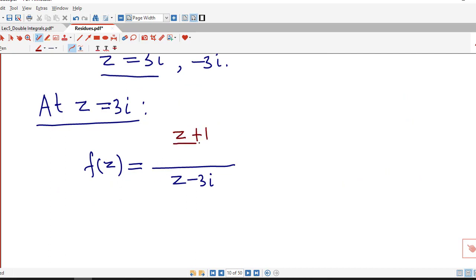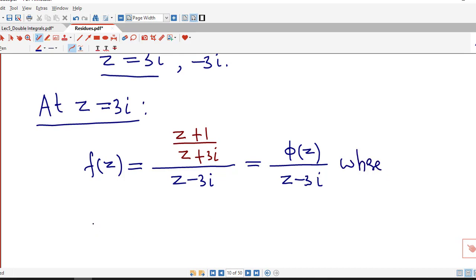So here we keep z minus 3i as it is, and here we write phi of z, where phi of z is nothing but z plus 1 divided by z plus 3i. Now we have to check whether phi of z is analytic at z equal to 3i or not.